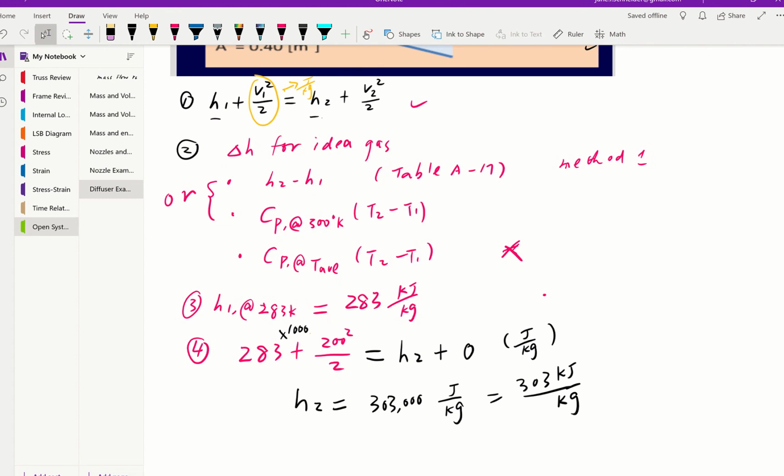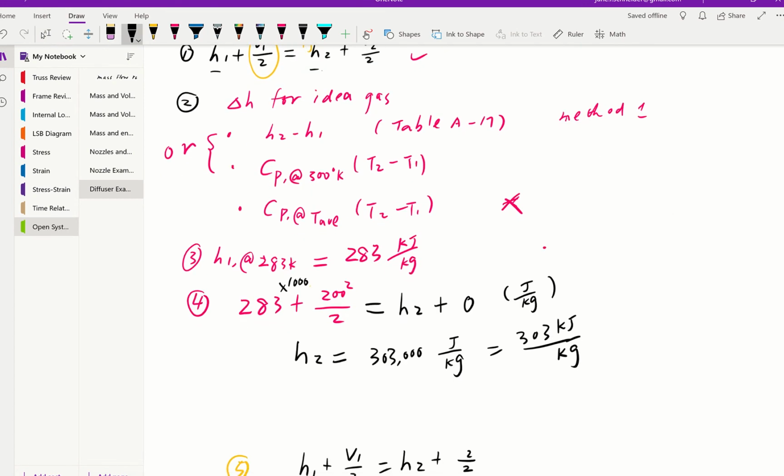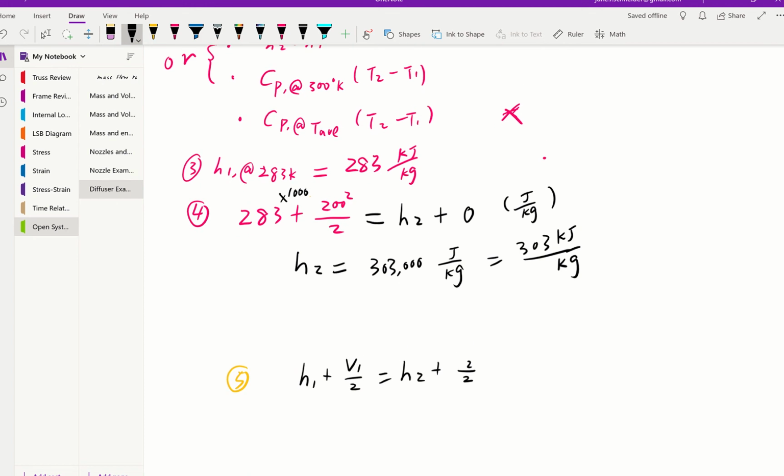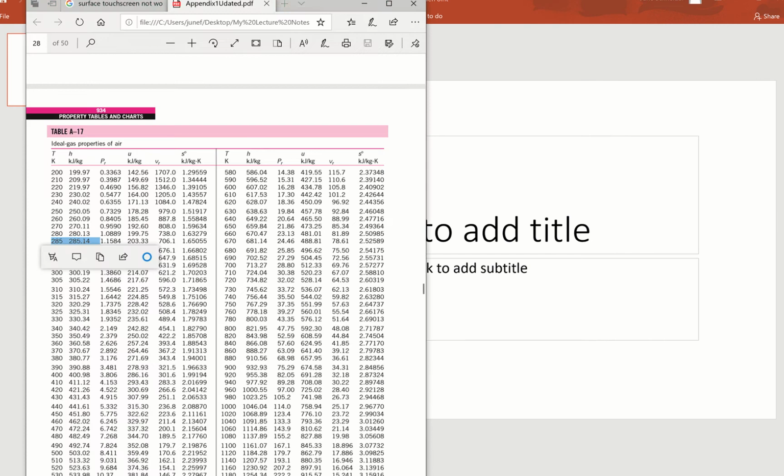Knowing h2, how can we find our T2? Using h2, we're going to go back to our table A17 again. At 303, what's the corresponding temperature?